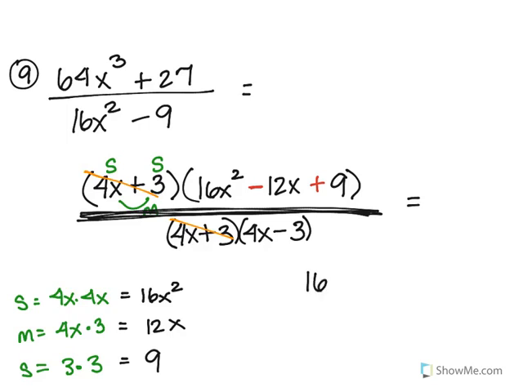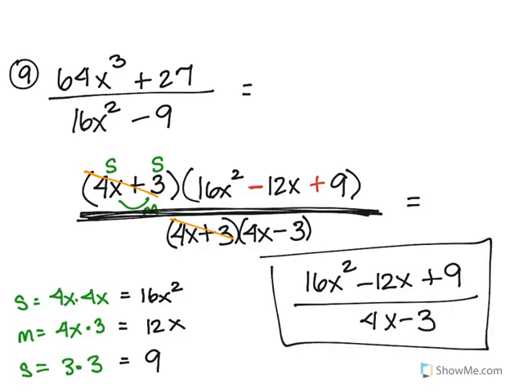So we're left with 16x squared minus 12x plus 9 over 4x minus 3. That's your answer. So please be aware, you will have a cube on the test. You need to make sure you understand how to do square, multiply, square to get this second parenthesis.